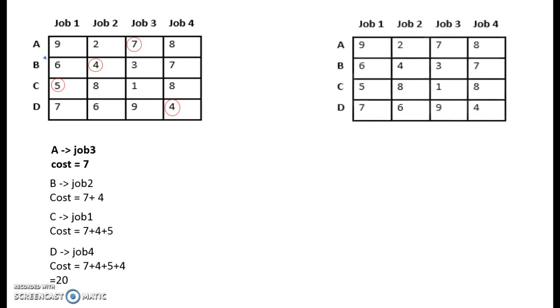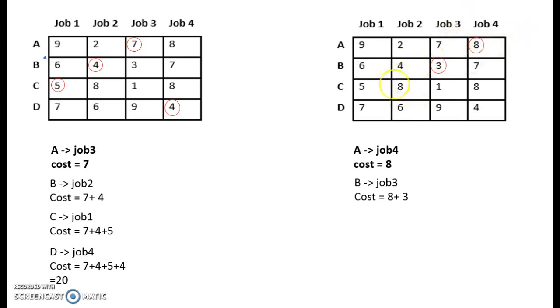If we assign job number 4 to person A, then the cost is 8. Then select the minimum from row number 2, which is 3. It will be added into the cost. Now the cost will be 8 plus 3.